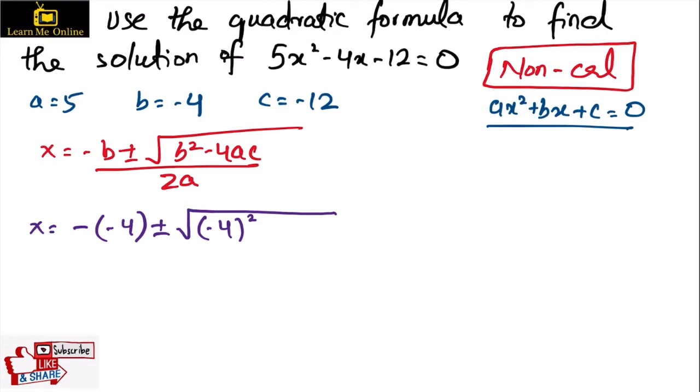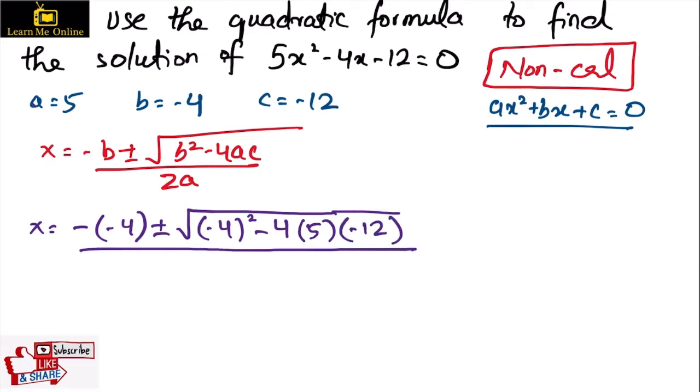So we have b squared, then a minus, then from the formula a 4, then a, which is 5, and c, which is minus 12. The whole thing has a denominator of 2a, which is 2 times 5. Now the simplification: negative and negative makes a positive, so it's just 4. Then there's the plus or minus and the square root.